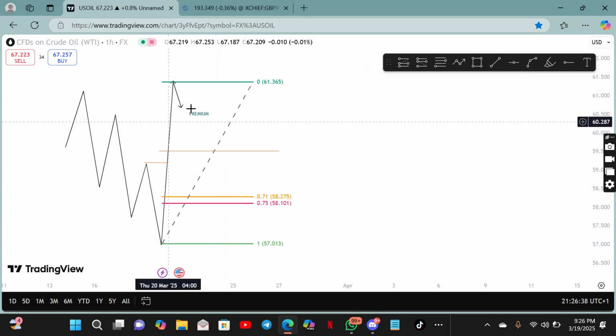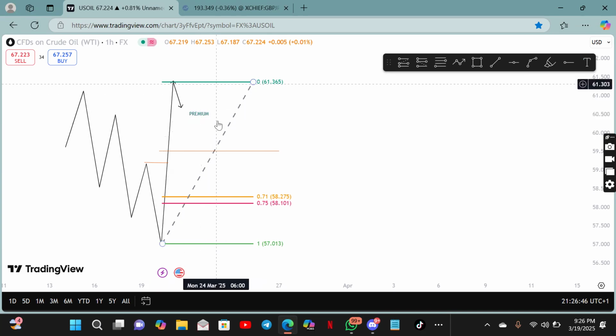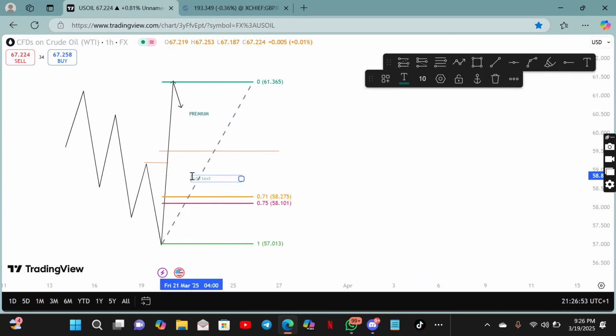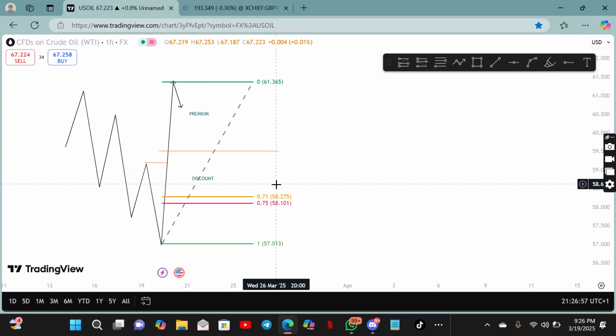You'll be looking to sell from here. Do you understand? Because this is 50%. 50% up, 50% down. Then this remaining 50% down here now is your discounted zone. This is your equilibrium.